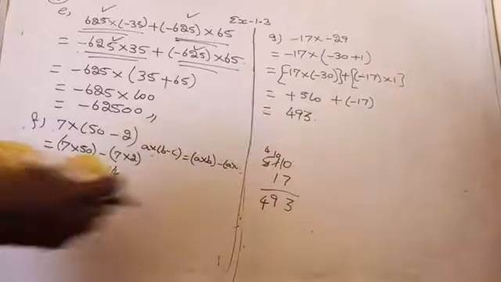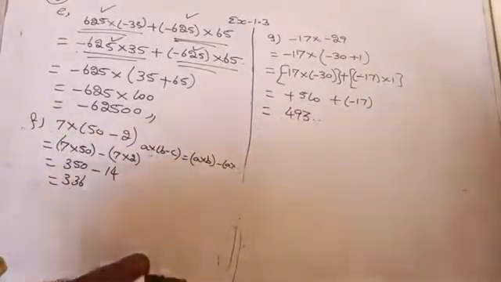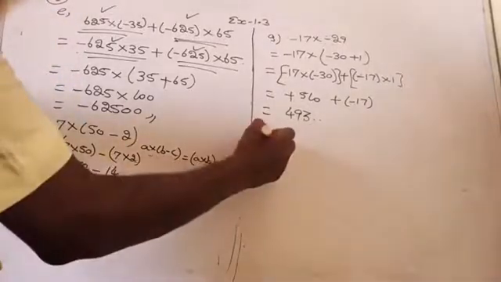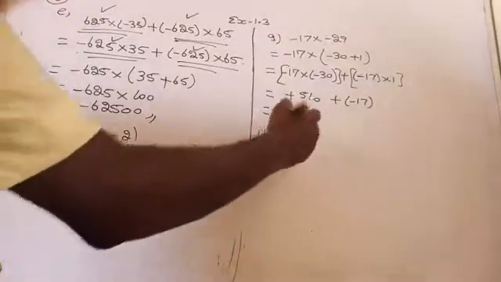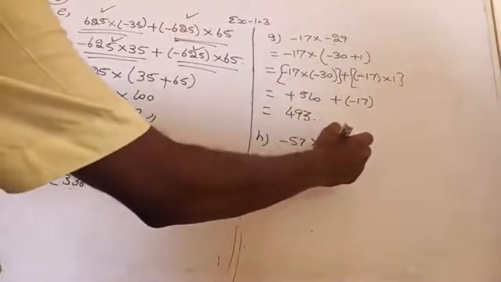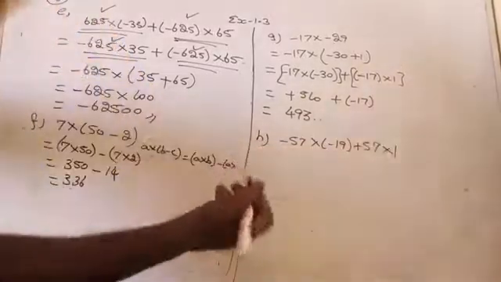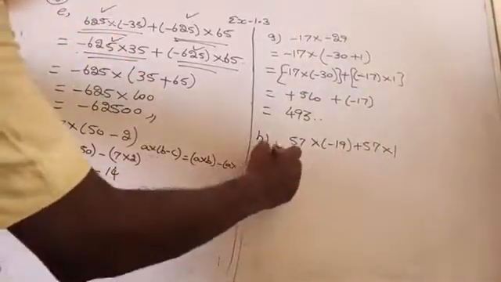Am I right dear? Now please try the next question on your own. I will write only the question. That is H part. It is given minus 57 into minus 19 plus 57. Otherwise we will do it. Listen.